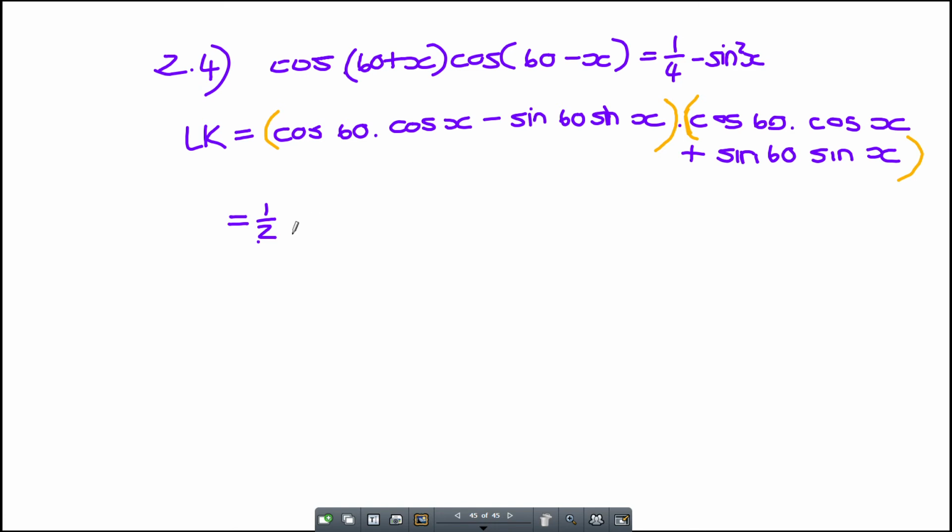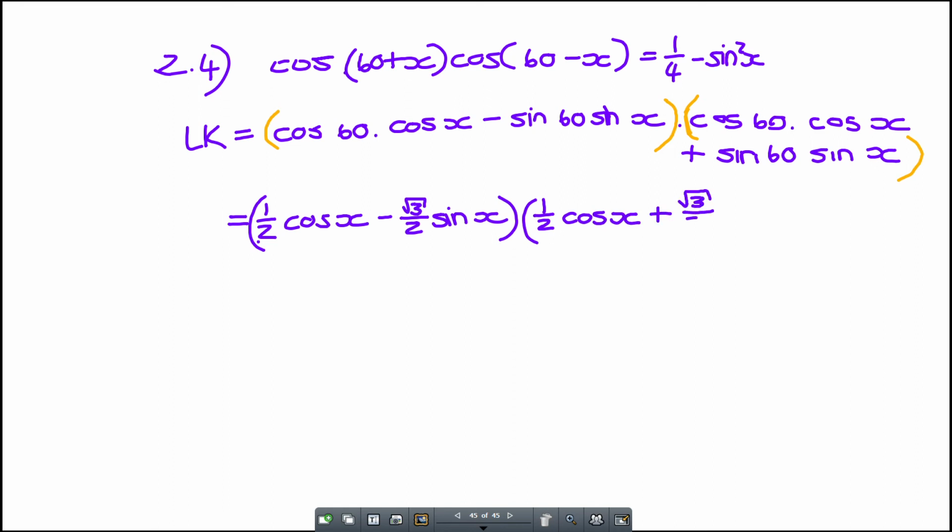Okay, then cos x stays. Minus sin 60, square root 3 over 2, sin x. Ek gaan dit gaan maal met cos 60, het ons nog steeds 'n half. Cos x plus sin 60 is square root 3 over 2.